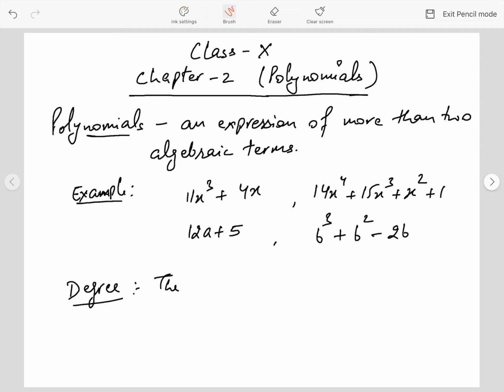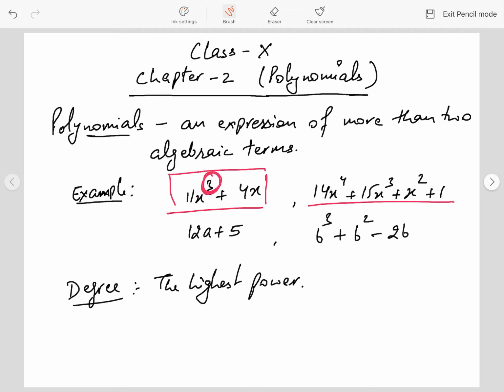Now another term is degree. Degree means the highest power. Now in example number 1, we will see what is the degree of this polynomial. In 11x cube plus 4x, the highest power is 3, so its degree will be 3.